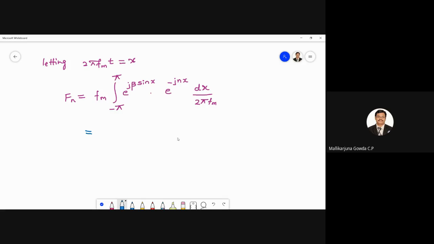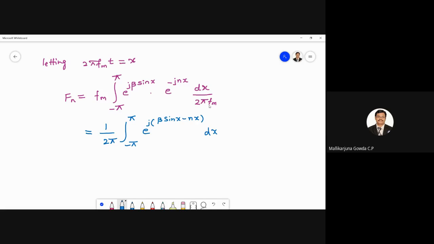This fm will get cancelled now. I can write this as 1 by 2 pi, integral from minus pi to pi, e power j, if I take j as common, what is left is beta sin x minus n x, into dx.